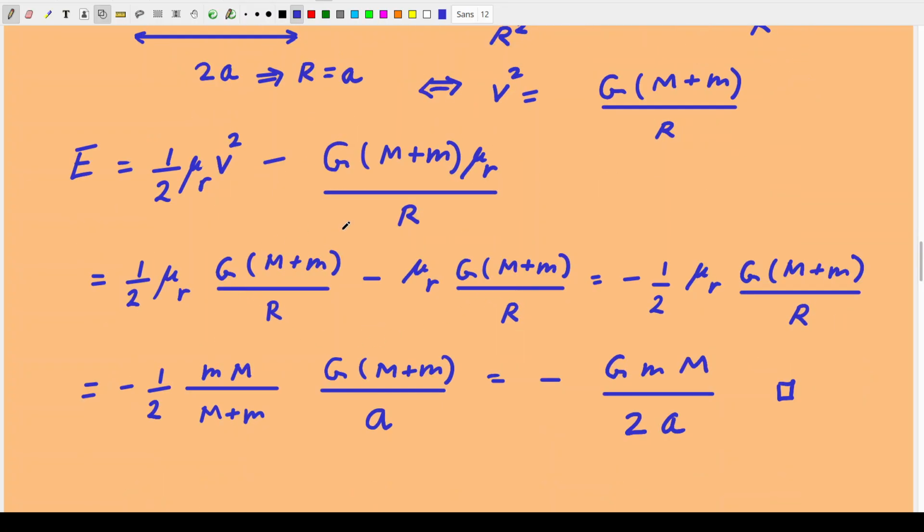And those are rather similar terms, so we get this. And then I introduce the reduced mass here, like this. This is still G times M plus m divided by r, but that is the semimajor axis a. So let's insert that one. And now those masses here cancel, and you get this final result again, minus GMm over 2a.